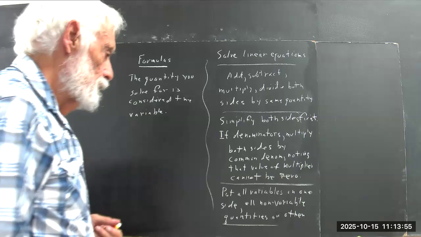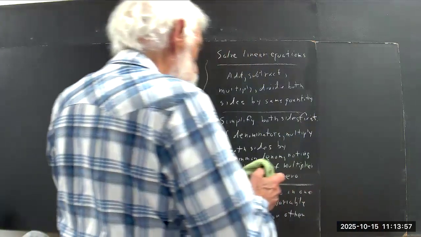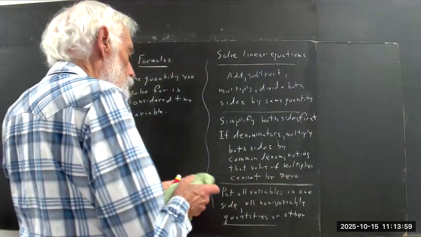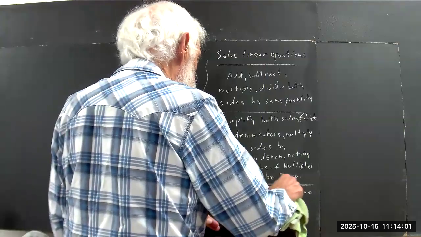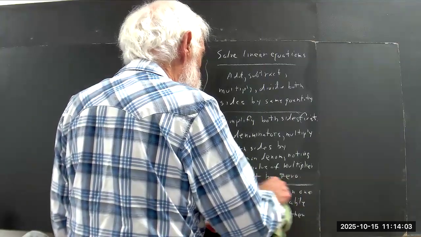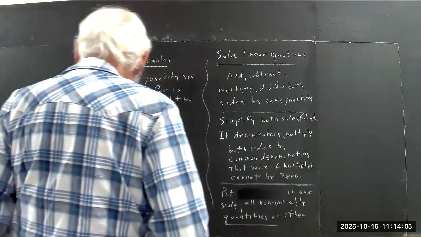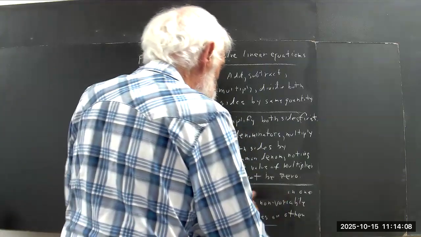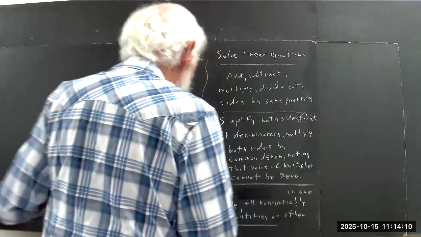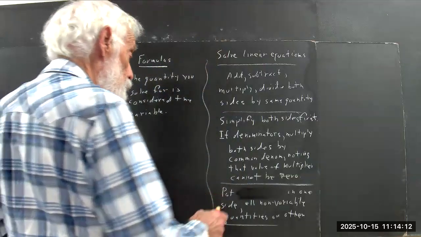And, you know, I realize as I say that, I'm going to change my wording here. I say put all variables. When you're talking about a formula, you might have several things that you think might be variables, but only one of them is the thing you're solving for.